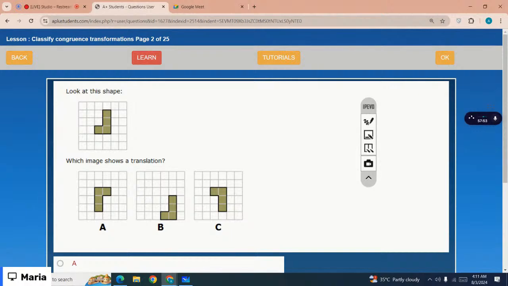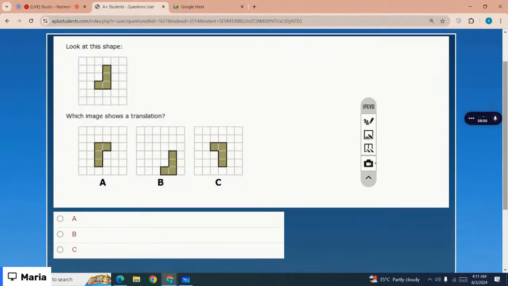So which is the correct option? B is the translation, right? The correct option is B.